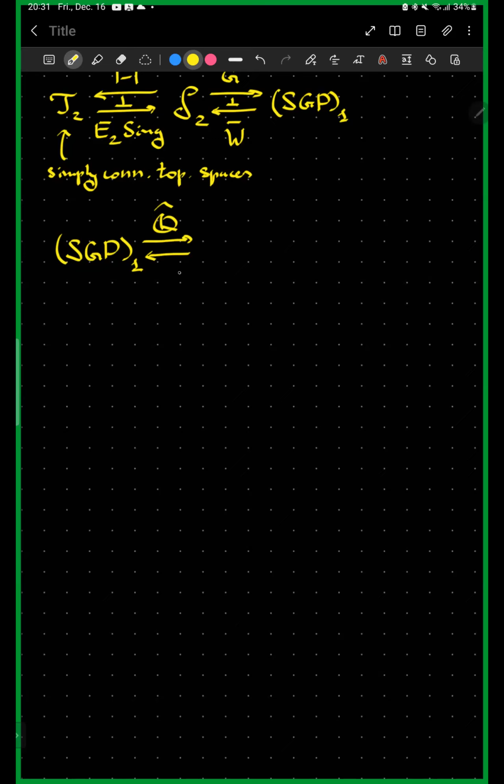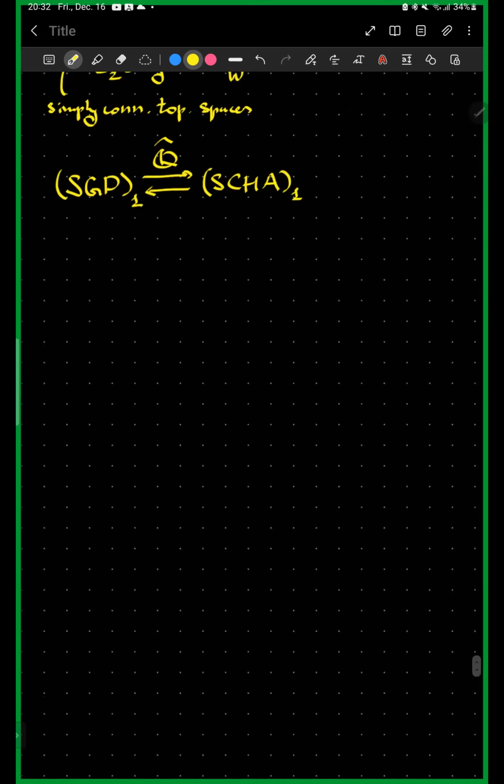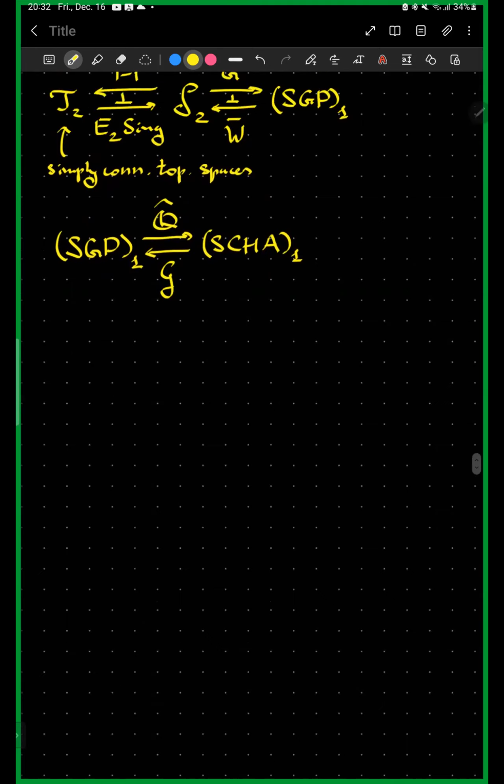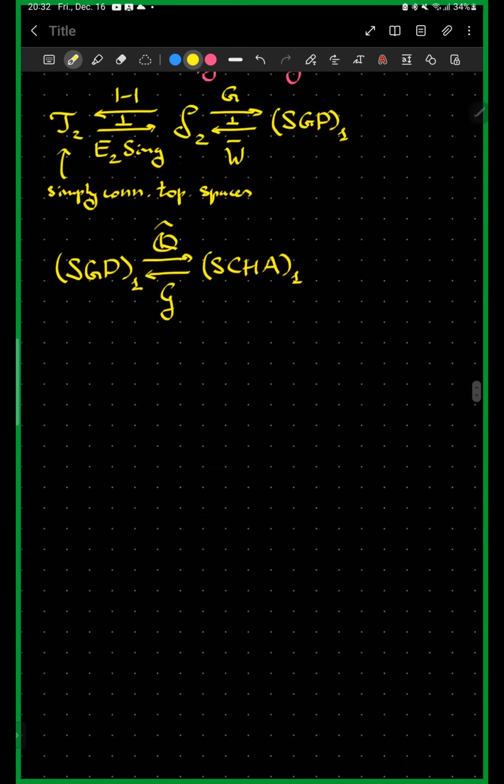So we arrive at simplicial complete Hopf algebras, which are also one reduced, since the initial group was one reduced. And in the opposite direction, we take the group of group-like elements inside of this Hopf algebra, and we arrive again at simplicial groups.